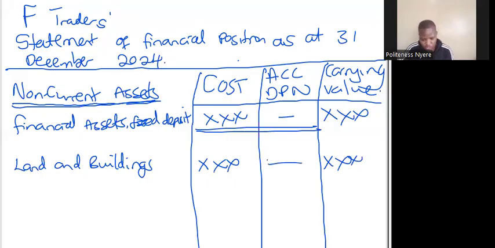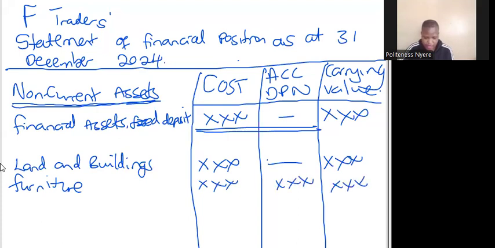They actually appreciate in value. So we don't write anything under land and buildings under the accumulated depreciation. Then we can go on to write maybe furniture. Furniture is depreciated, so you write the figure there. You subtract depreciation and then you get your carrying value.